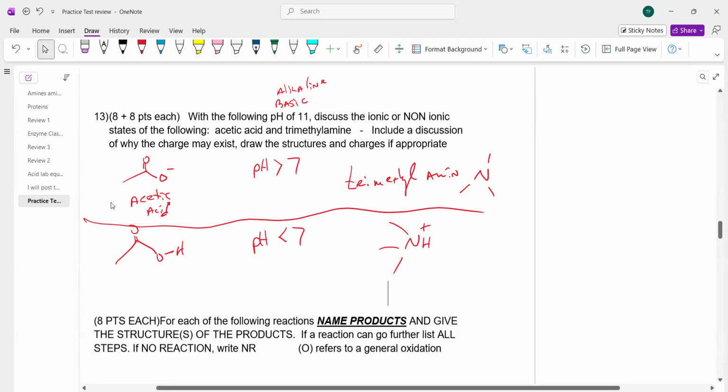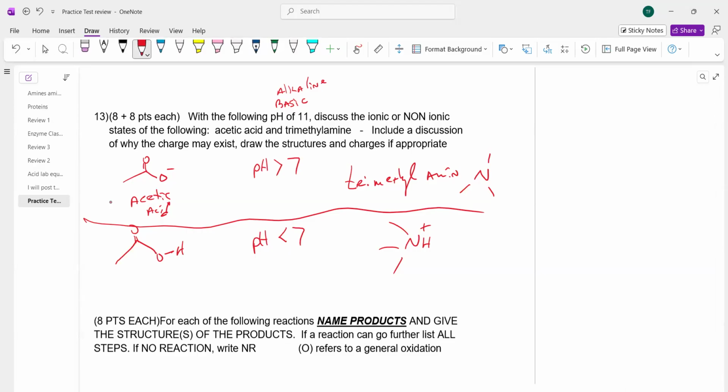So in a basic environment, the acid is ionized. In an acidic environment, the amine is ionized.